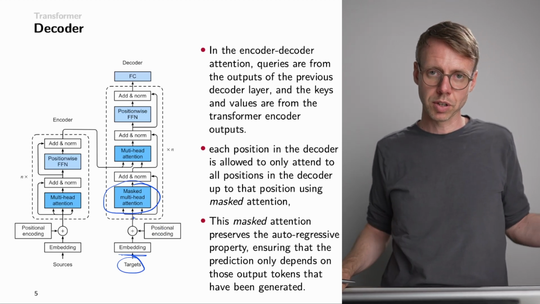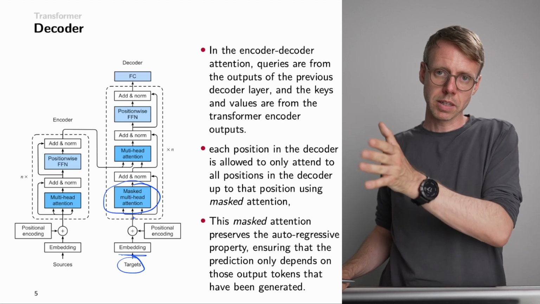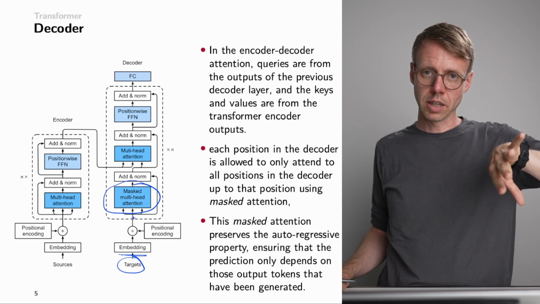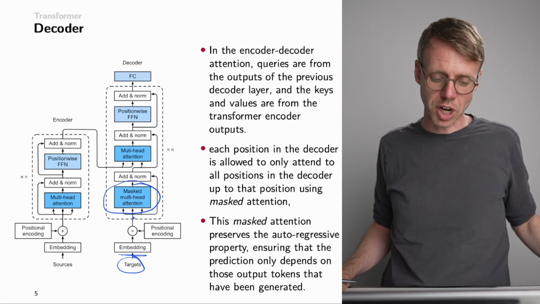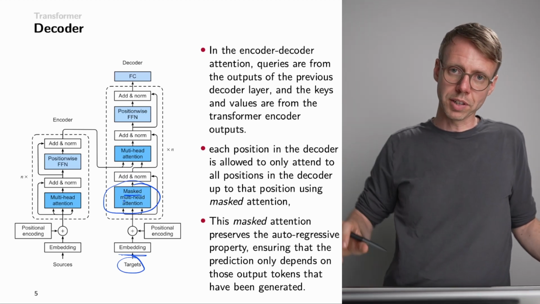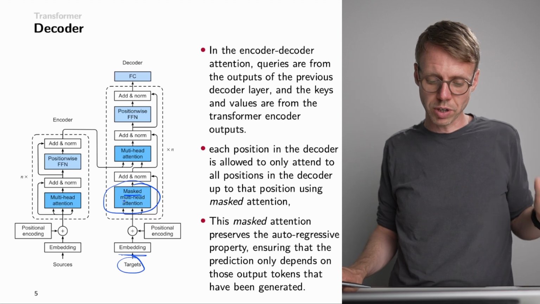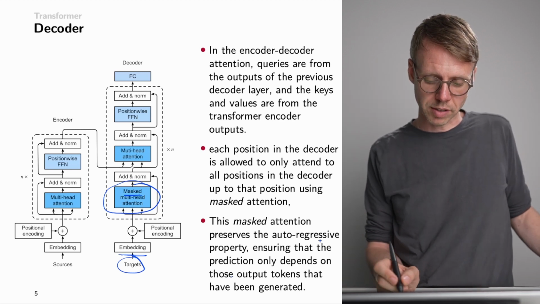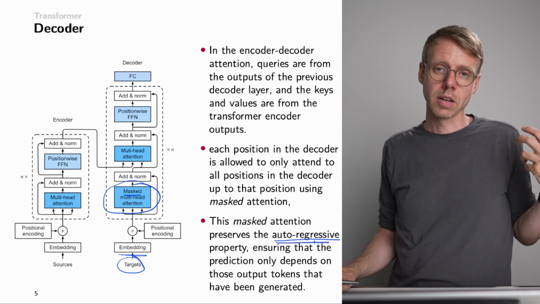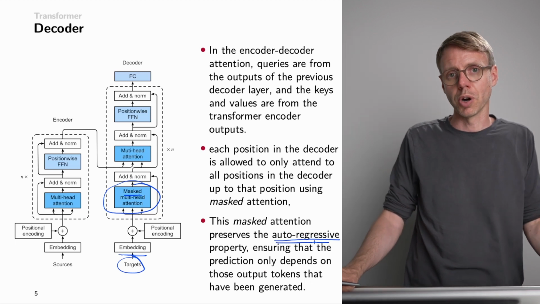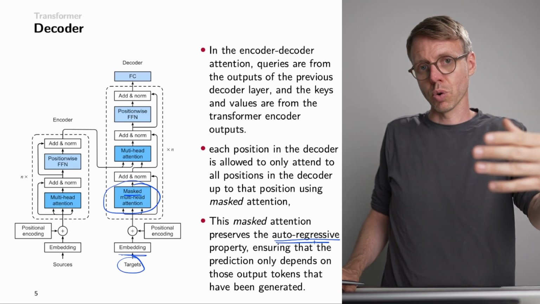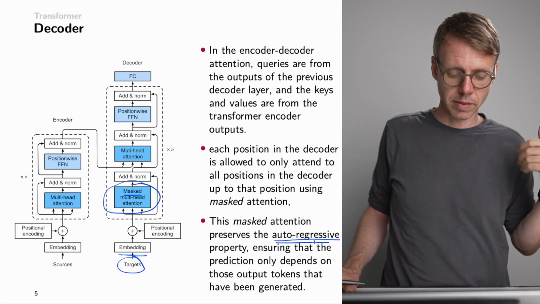It's masked because when you generate a sequence for each of those target tokens, you want to attend only to the tokens that you have already generated. So you're using masking to ignore all the tokens that have not yet been generated, such that you only attend to past tokens. In this way, the decoder retains its autoregressive property. Autoregressive means that you are generating the next token based on the past tokens.